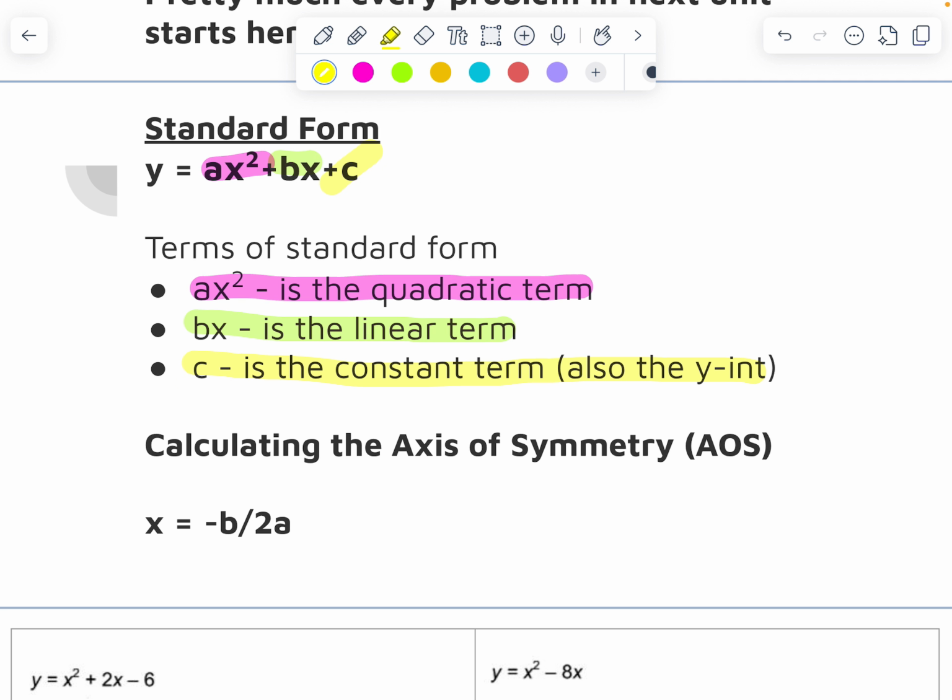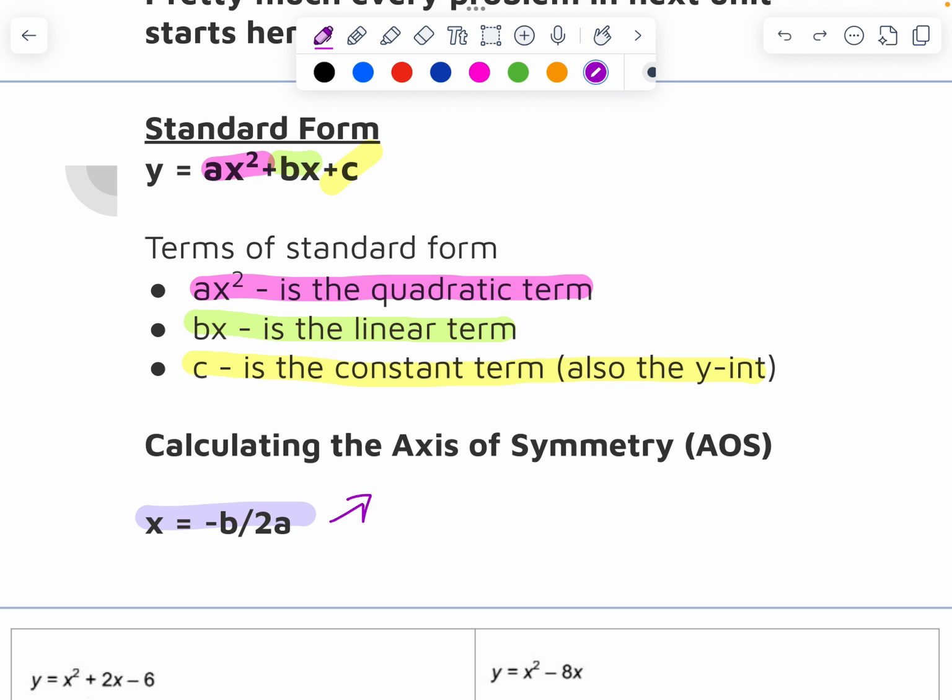The other new thing for this scenario is that outside of the y-intercept, a lot of this is, to a certain extent, plug and chug in terms of finding points, but we do have an axis of symmetry formula. I don't necessarily like the way it's typed up here, so I will write it out as well.